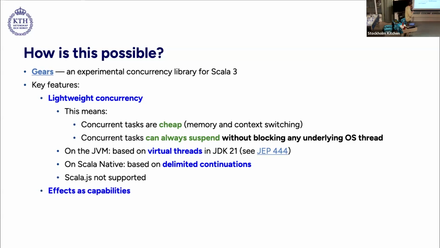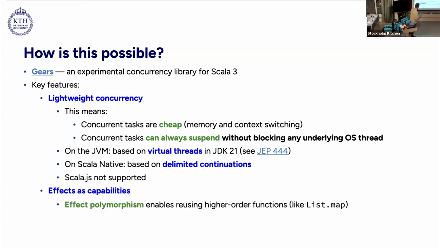Okay, so this was the first important feature. The second important feature is that the effects that we do are represented using so-called capabilities. I'm going to show you what this means. The cool thing about this is that we have something called effect polymorphism.